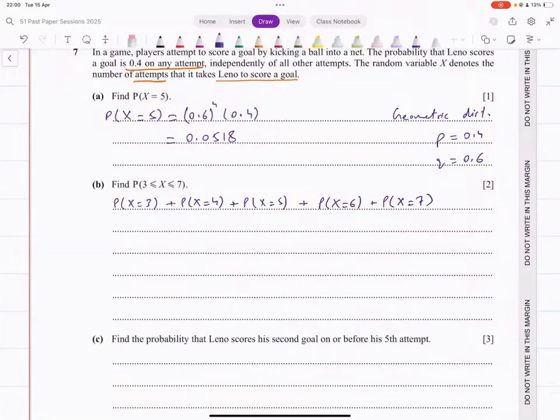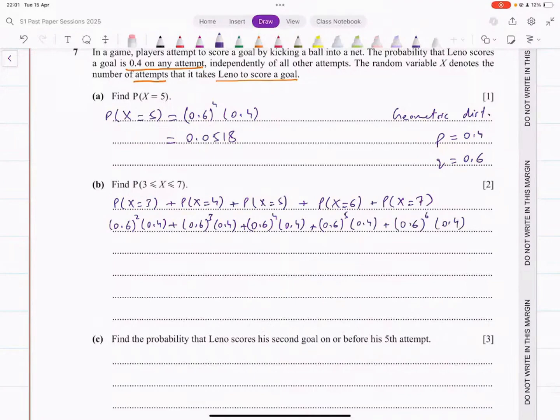You can say the first one is 0.6 raised to power 2 into 0.4. And the second one, that's 0.6 raised to power 3 into 0.4. And then 0.6 raised to power 4 into 0.4 plus 0.6 raised to power 5 into 0.4 plus 0.6 raised to power 6 into 0.4.